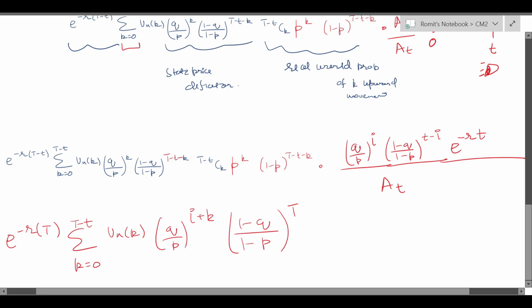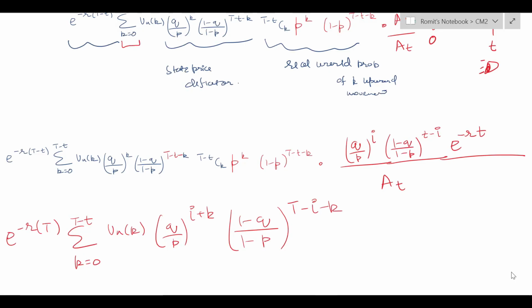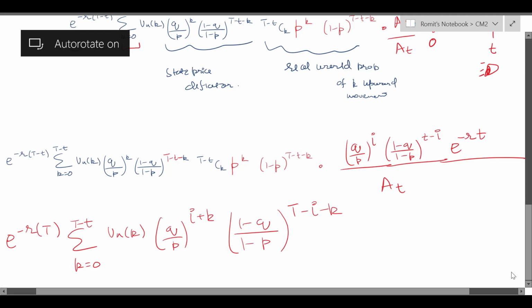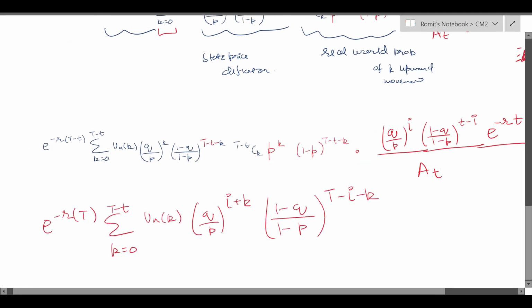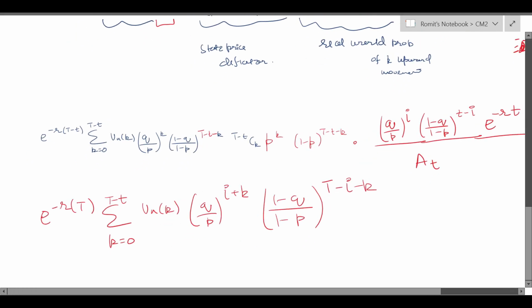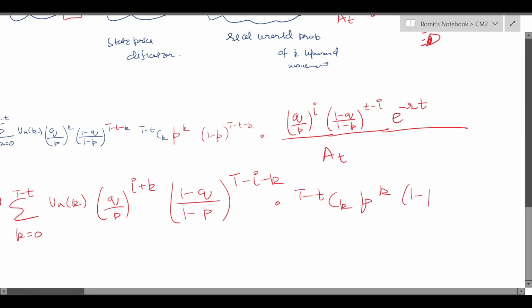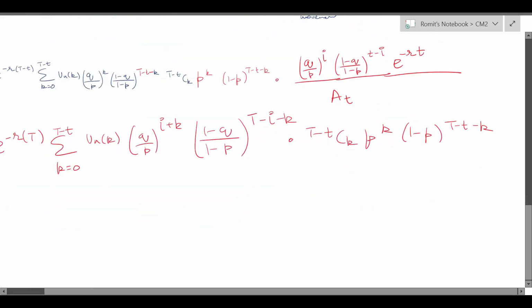So it will be capital T minus i minus k. And then multiplied with (T minus t) C k, p to the power of k, (1 minus p) to the power of T minus t minus k. Okay. And the whole thing divided by A_t.